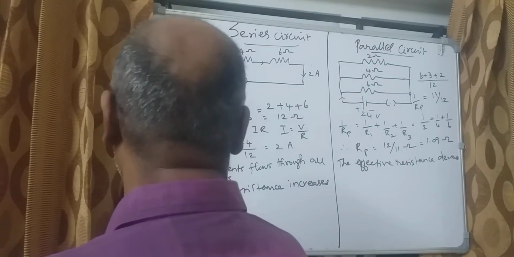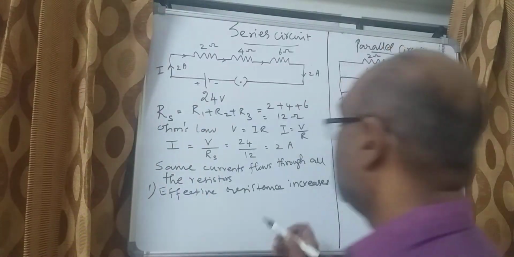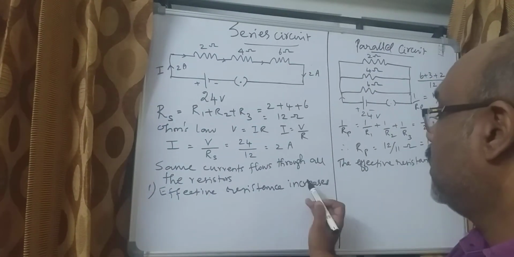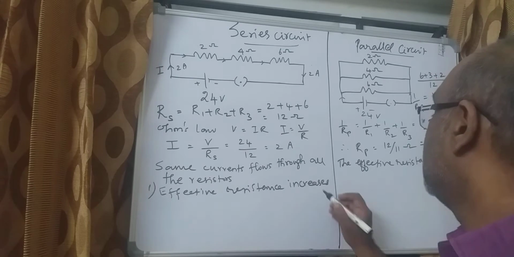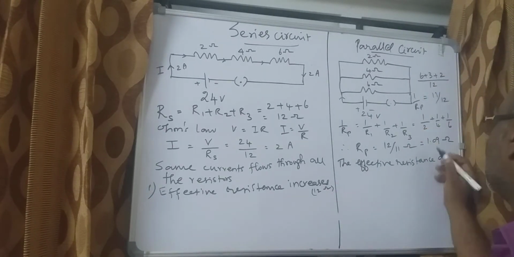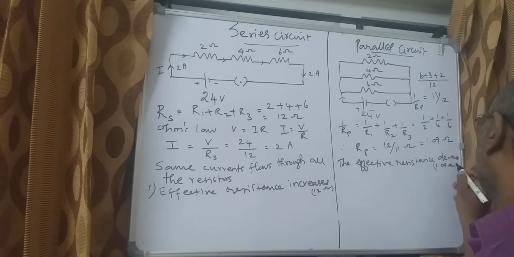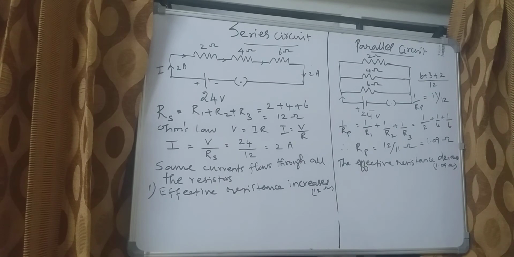So first point which we can keep like this: for the series circuit, the effective resistance increases, which is nothing but some 12 ohm, whereas for this it is just 1.09 ohm. Here the effective resistance decreases.